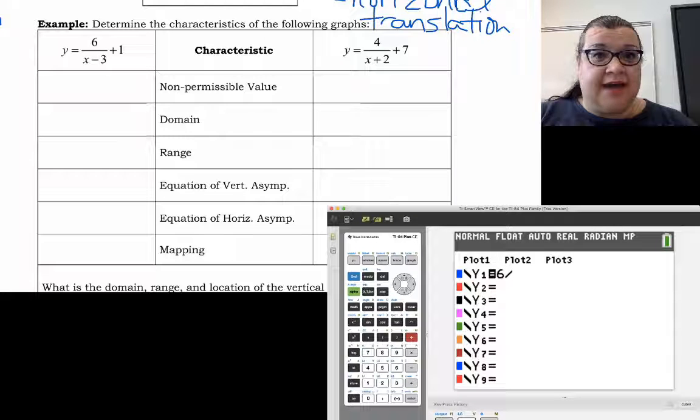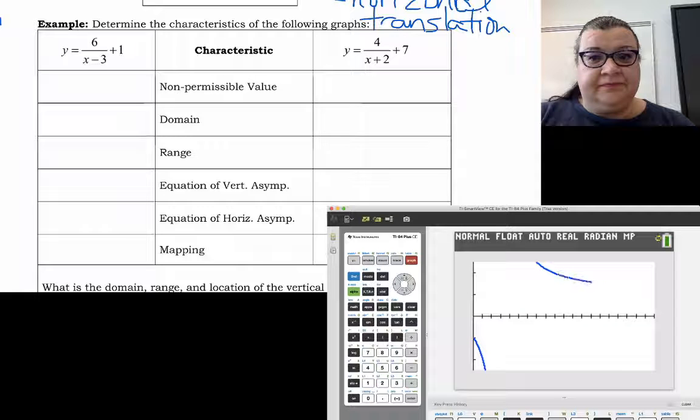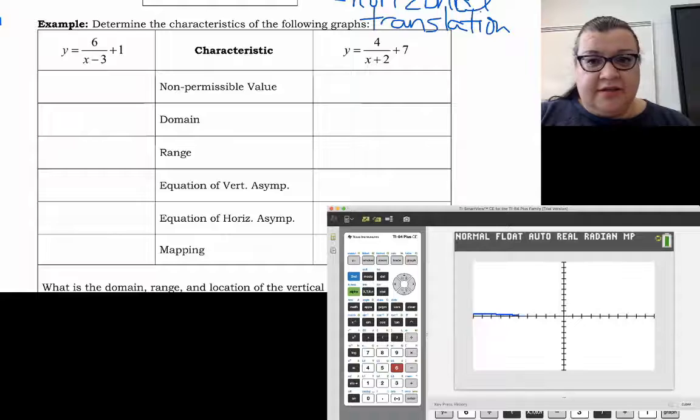So we want the entire x minus 3 to be our denominator, so I'm going to put that in brackets. X minus 3 bracket plus 1. Now I'm going to graph it. And sorry, my window settings for some reason are not typical, so there we go. All right, so there we see our graph.